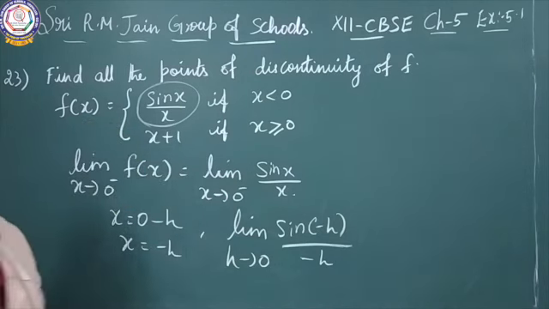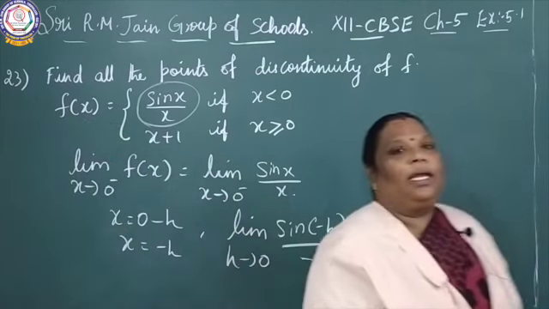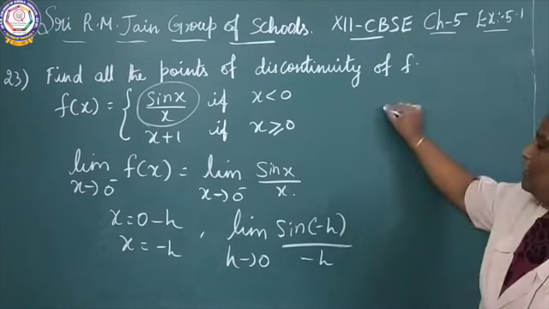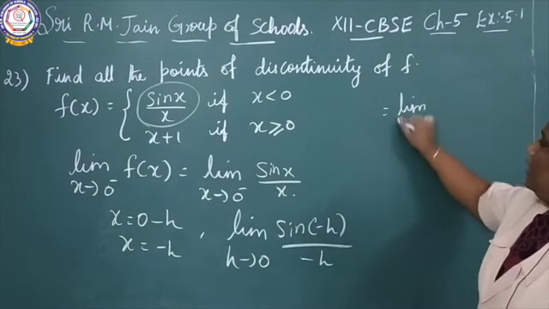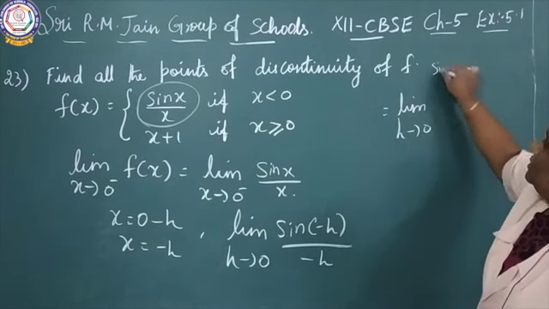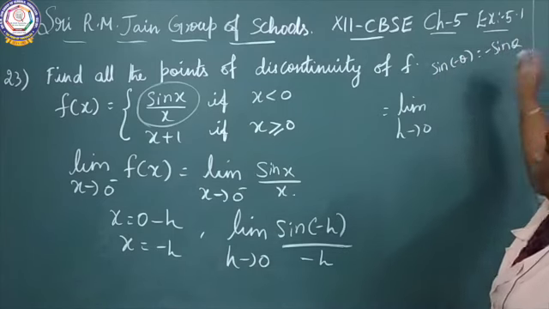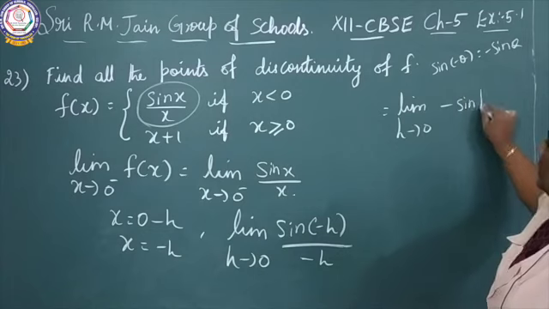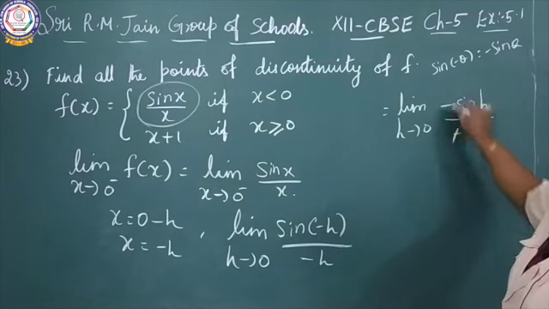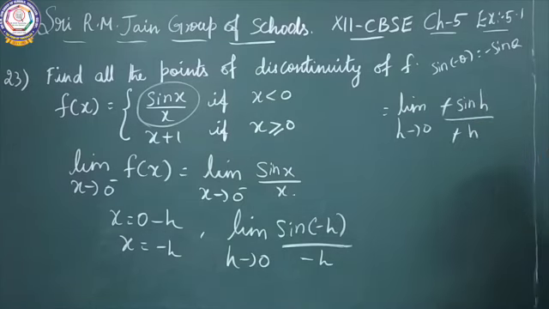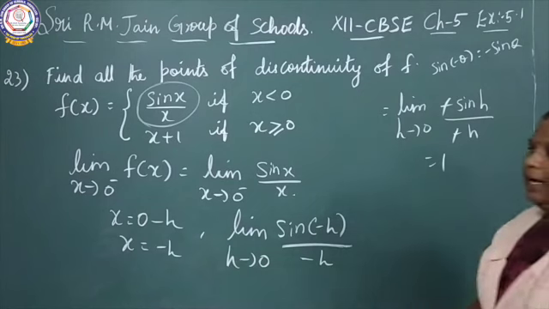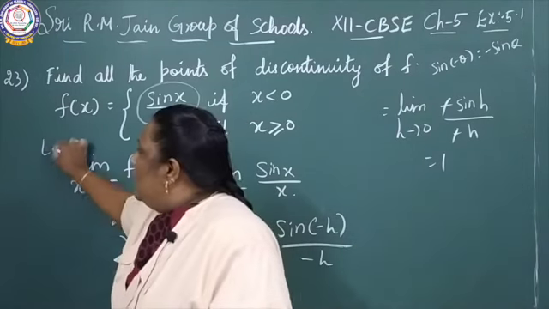You know very well, sin of minus theta equals minus sin theta, so it is minus sin h by minus h. Limit h tends to 0 of sin h by h equals 1. This is the left hand limit.